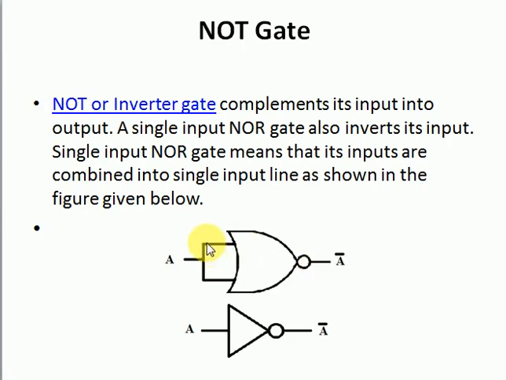Because here we are having A and here we are having A again. At the output we will get (A plus A) whole complement, and by using Boolean algebra we know that A plus A is equal to A. So by solving using Boolean algebra, we get the answer A complement.